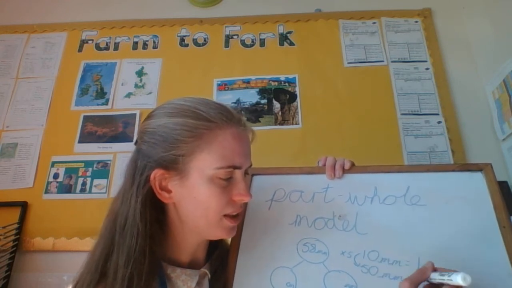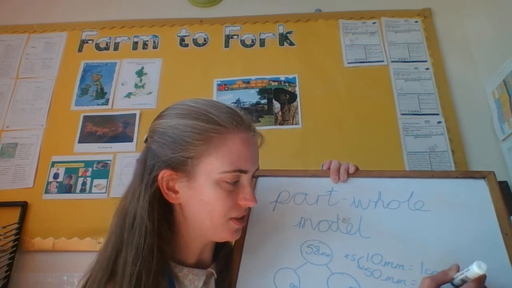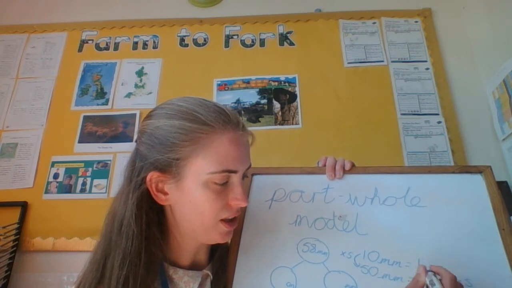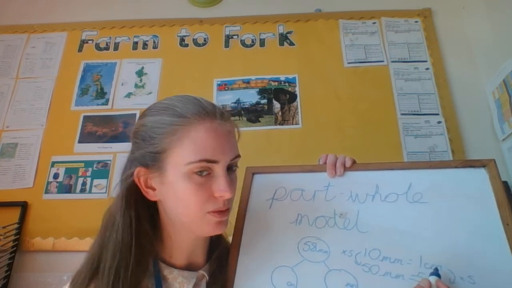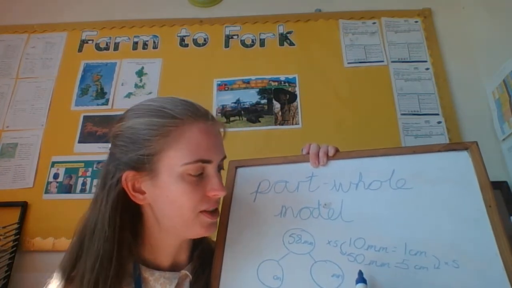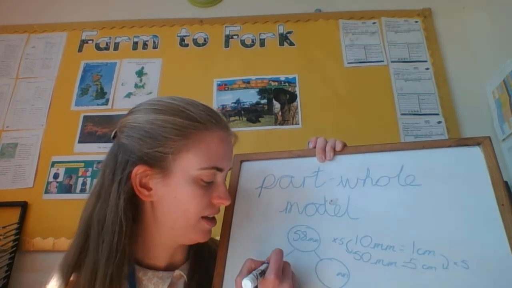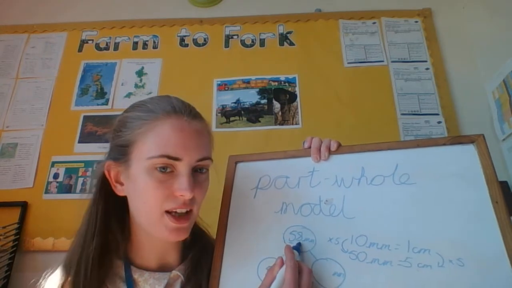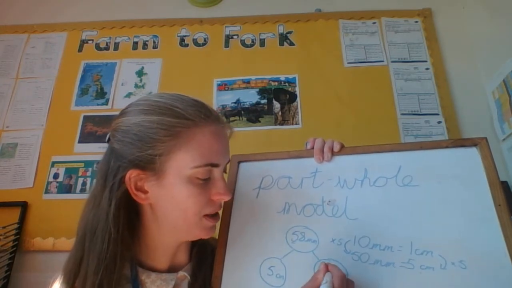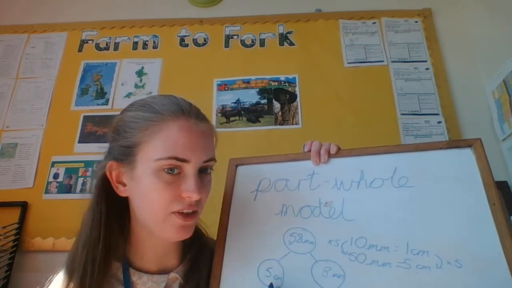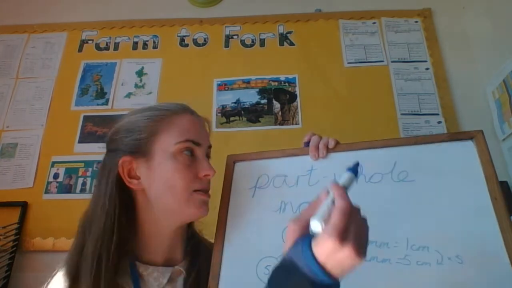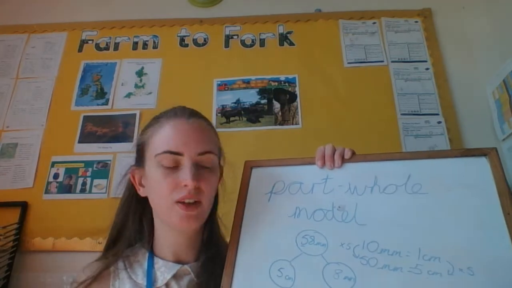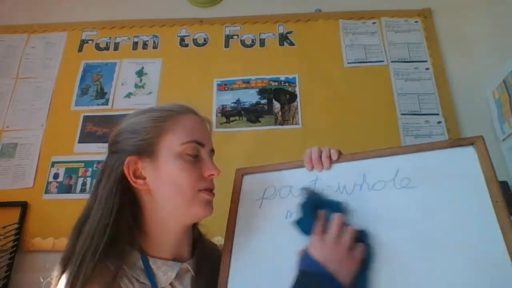So in centimetres, I'm going to have to times that again by 5. 1 times 5 is 5. So 10 millimetres is 1 centimetre. 50 millimetres is 5 centimetres. So 5 centimetres, and then I've got 8 more millimetres. So 58 millimetres is 5 centimetres and 8 millimetres, and that is how I would fill in that part-whole model. So I just wanted to go through that one.